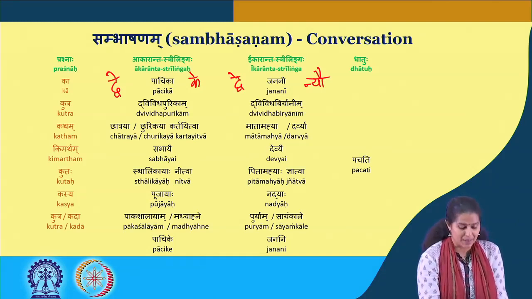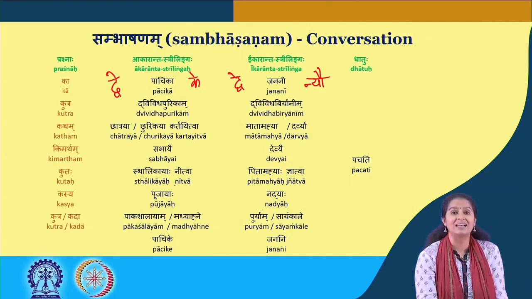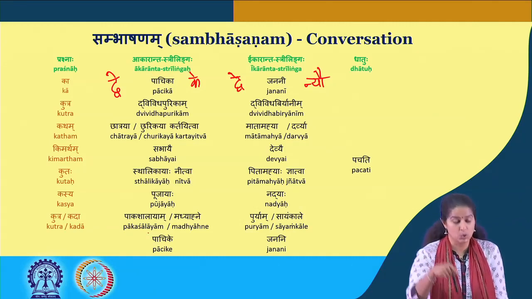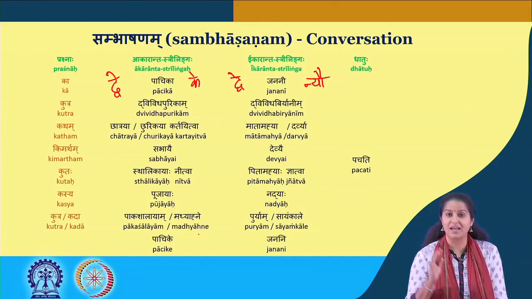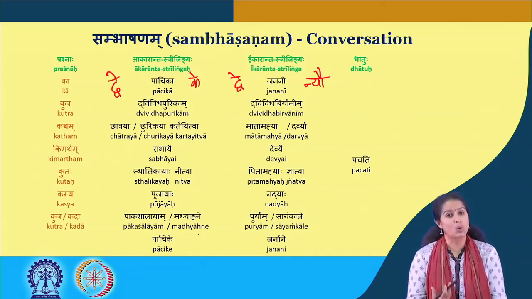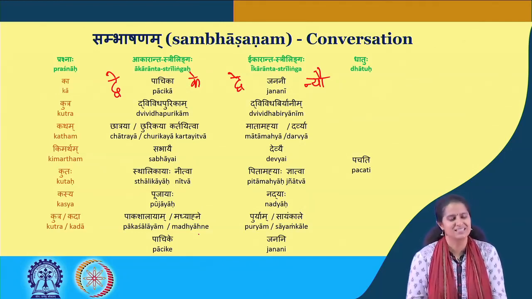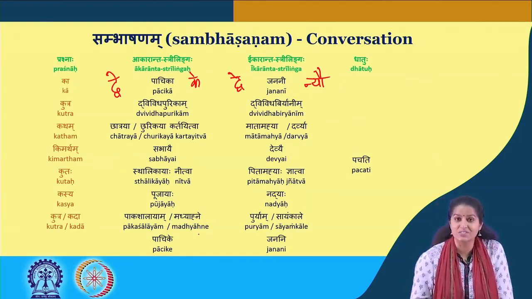Pujayoho sabhabhyam sthalikabhyam dravyani nitva pakashalayoho madhyane pachatah. Finally, he pachike swadishtam bhojanam pachatam iti prarthayami. I pray that you cook some tasty food. Let's do the other sentence together.